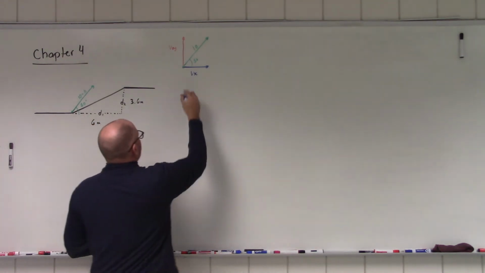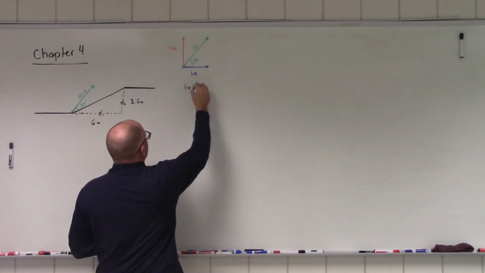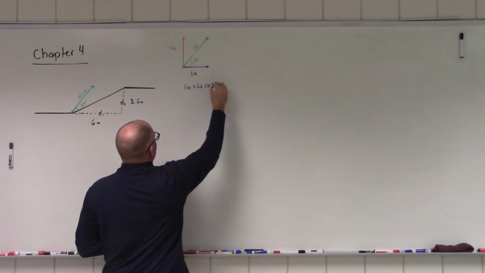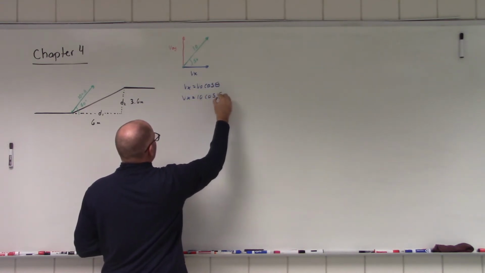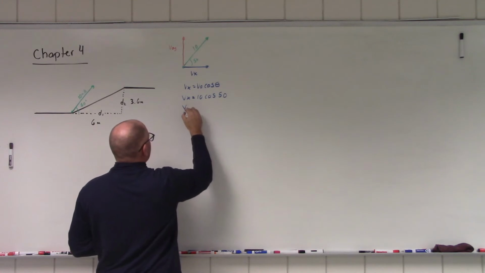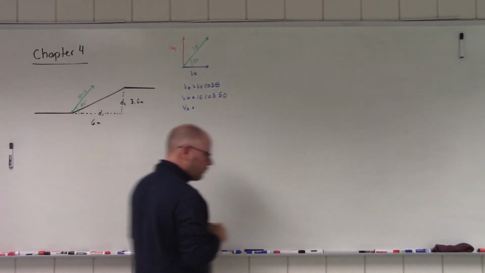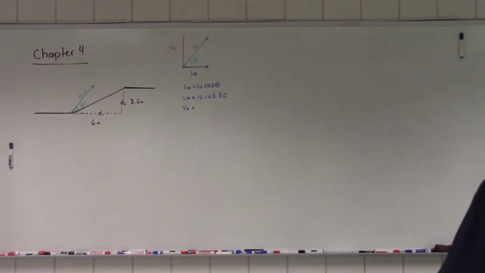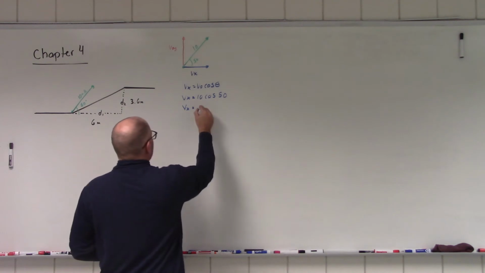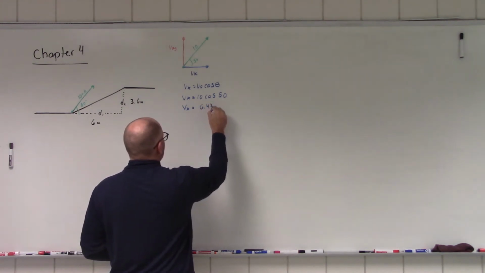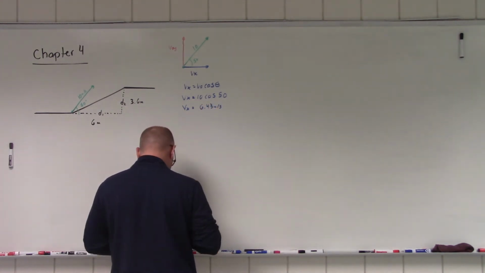So the same construct applies. Vx is equal to V0 cosine theta. Vx is equal to 10 cosine 50, so Vx is 6.43.